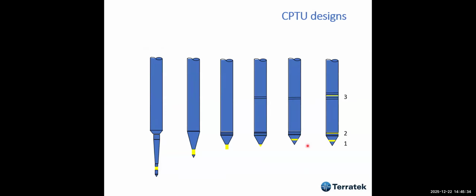And CPT design evolved along the way. I remember the first time I went to the Institution of Civil Engineers in London to attend a conference on CPT. It was 1984, and there was a discussion whether they should use 2 load cells or 1 load cell should be the pore pressure. They didn't know at the time how to analyze it or what the importance of pore pressure measurement was.